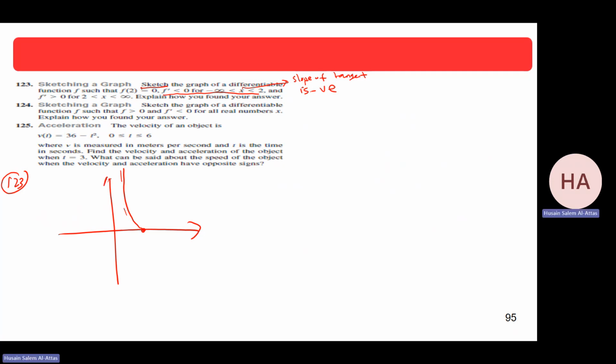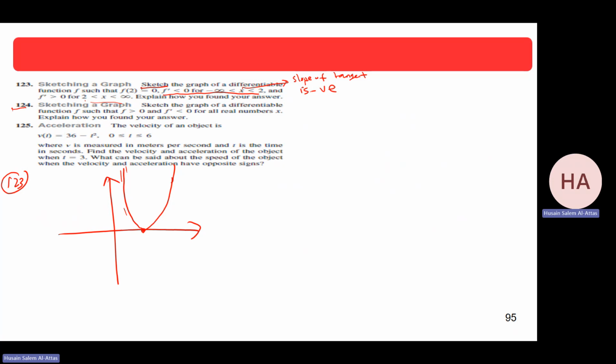I hope it's clear. And this is for any value less than 2. For values greater than 2, it will be positive, so it will go the other way. So I have the slope of the tangent always positive. Okay, which is decreasing and increasing somehow, which we will do in chapter 4.